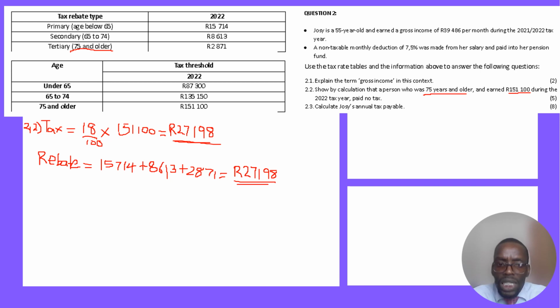Okay, so the tax payable is 27,198, and the rebate that the person is going to get is 27,198.